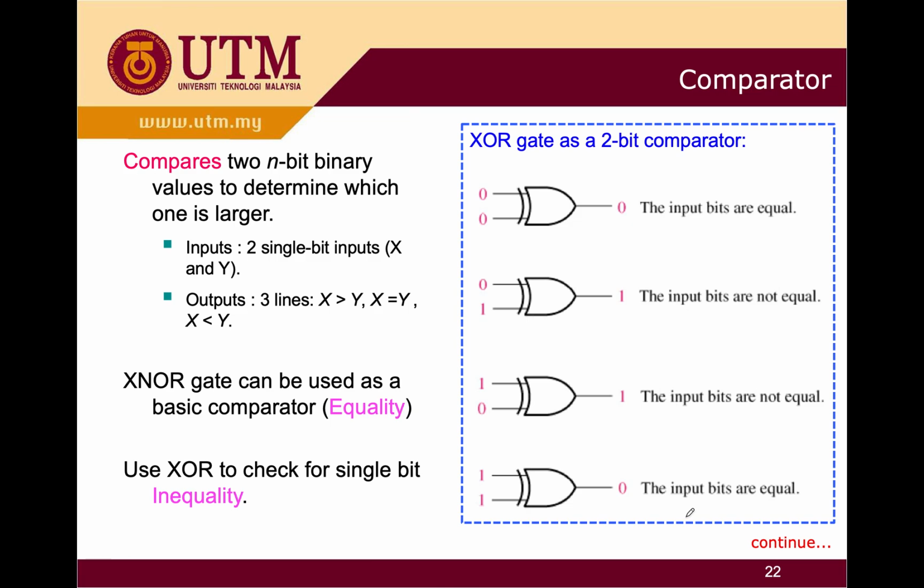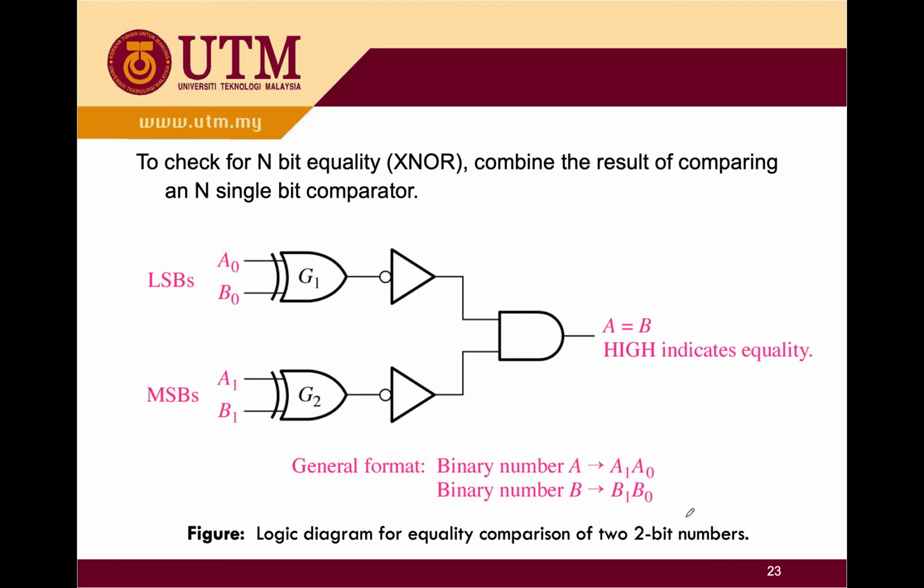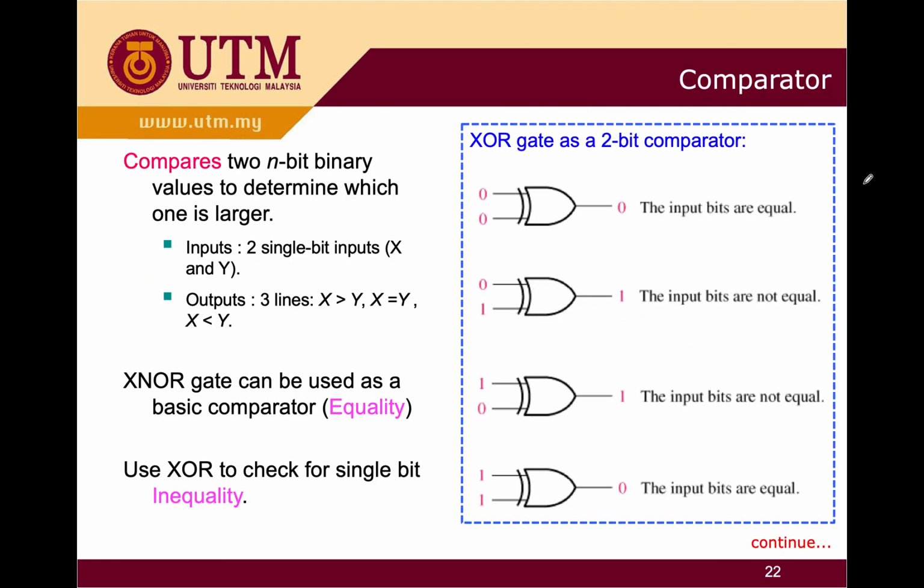So after we finish our half adder and full adder, which are our basic adders, and then we learn the parallel adder, now we want to look into the comparator. The purpose of a comparator is to compare two n-bit binary values to determine which one is larger, or in other words, you want to compare two numbers.